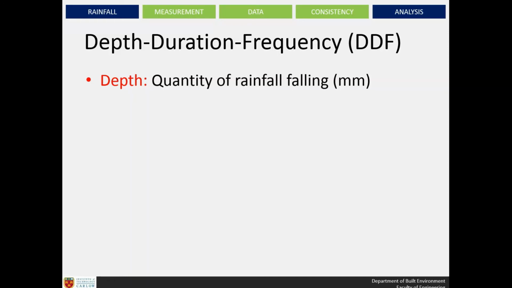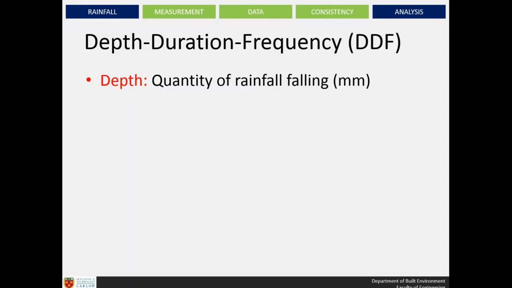Whereas with rainfall frequency analysis, you're interested in the magnitude of the rainfall, but also the duration over which it fell, because different durations influence different systems. For example, in groundwater systems, you might have, say, karst groundwater systems. Some systems would react to relatively short duration rainfall events, whereas others would have a longer memory effect.